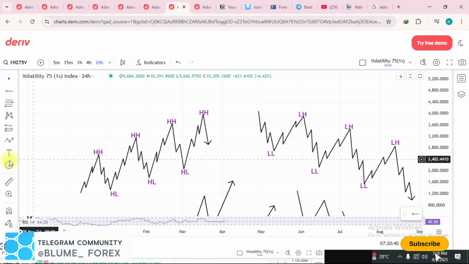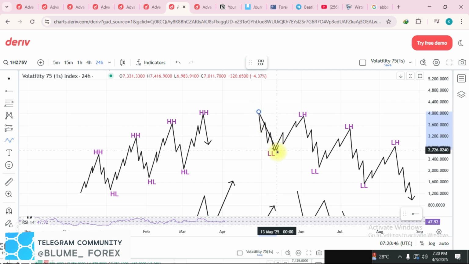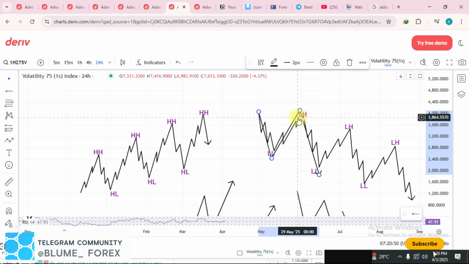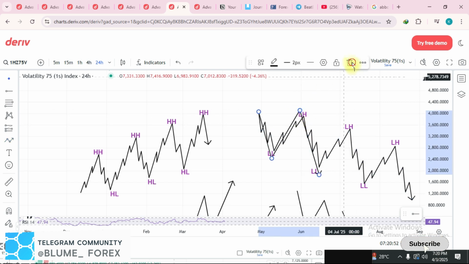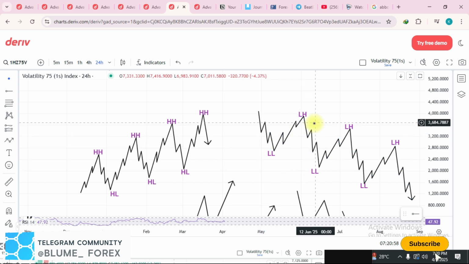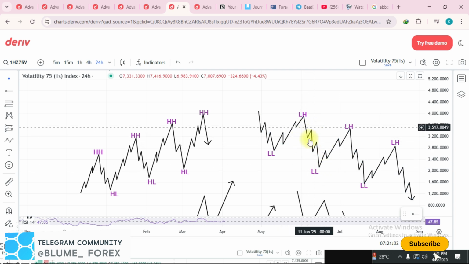So major structure has to have a larger range. Let's use the downtrend, lower low, lower high, lower low, lower high. This is our major structure, lower highs and lower lows. But within that we have higher highs, higher lows, and lower low, lower high, lower low, lower high.